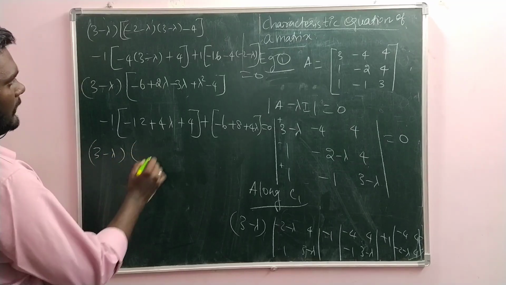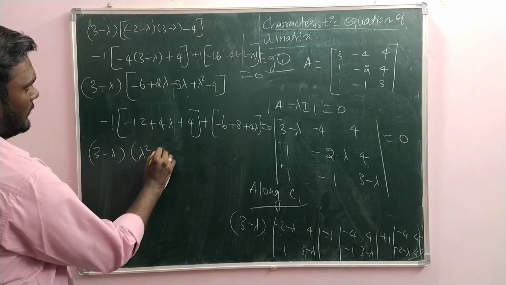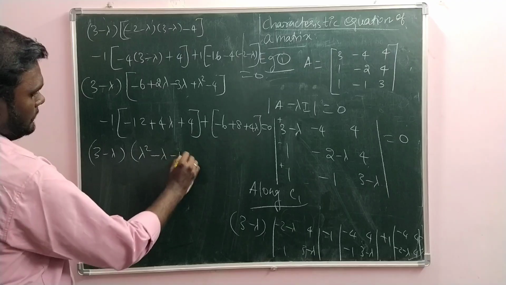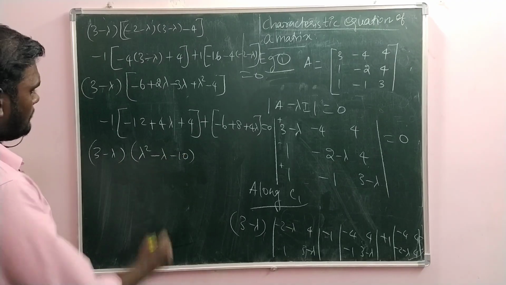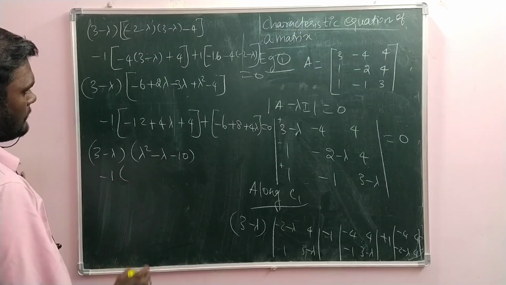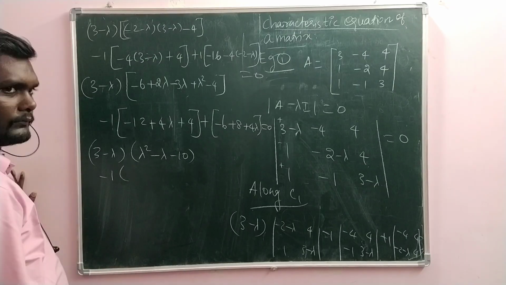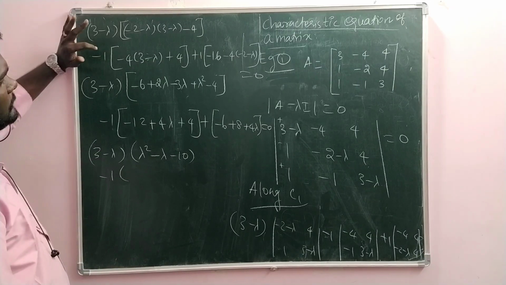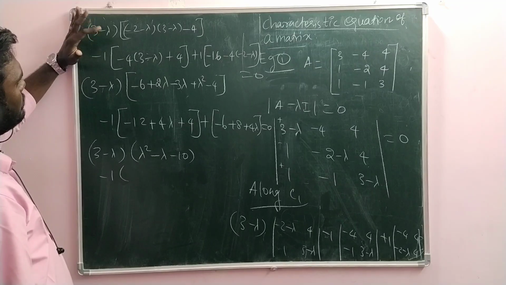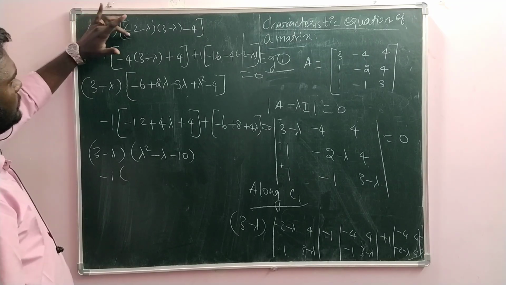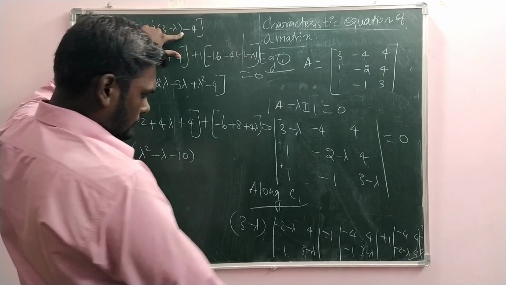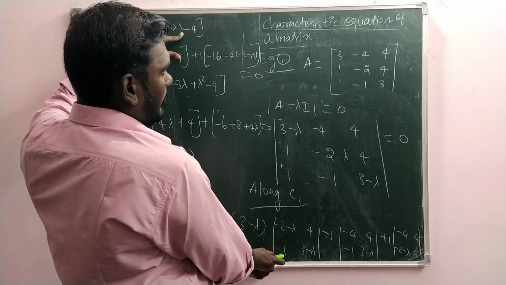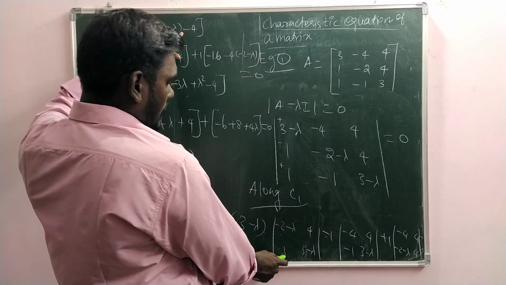Now we'll get 3 minus lambda into, add them. Yes sir. Where sir? Into, is that plus 4 here? Yes.